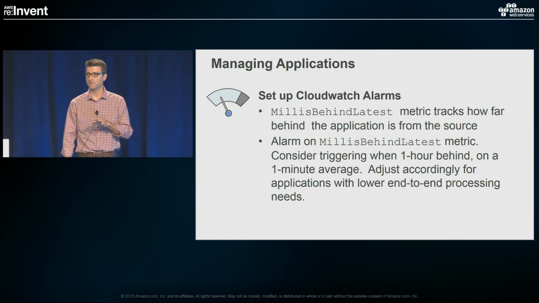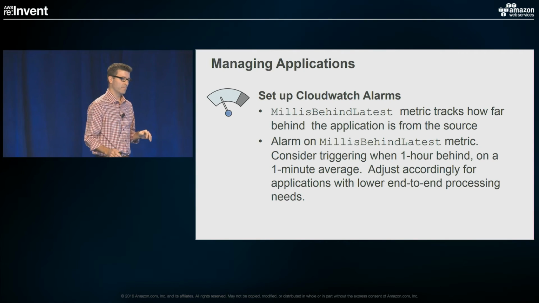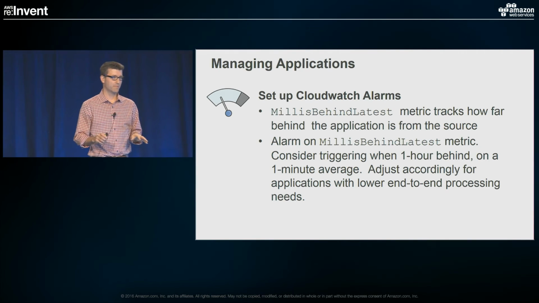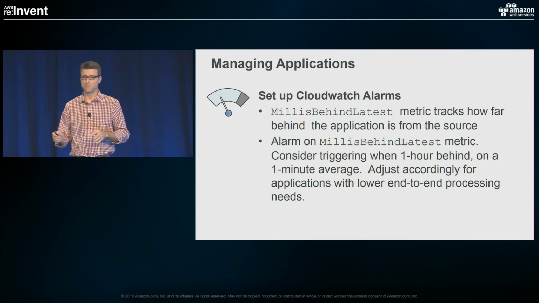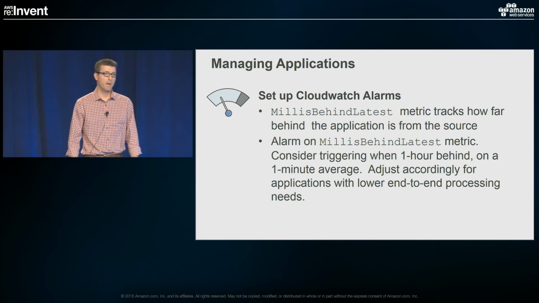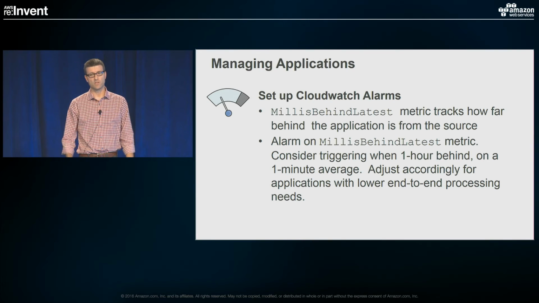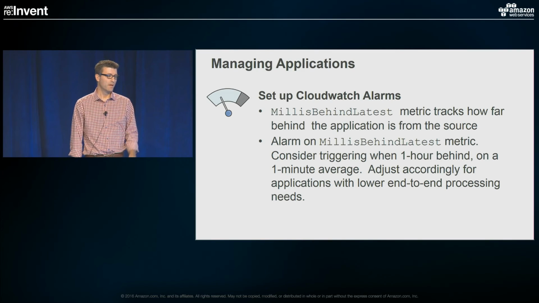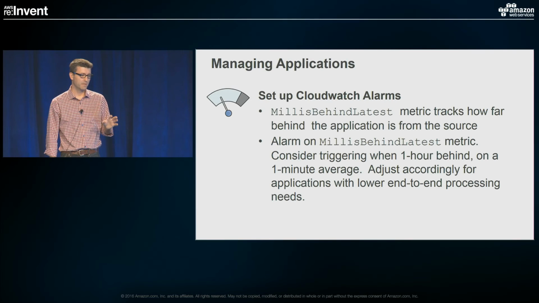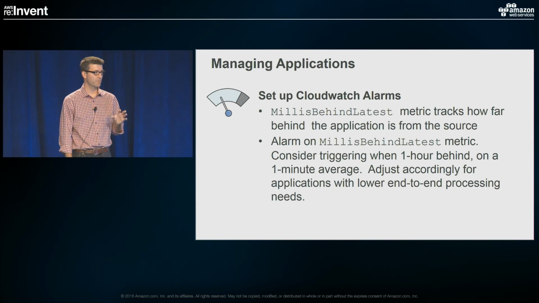It's really going to be dependent upon your tolerance for latency and your use case. But an hour, that's a rough rule of thumb. If you get over an hour, there's probably something wrong, and you should consider investigating that. In your use case, you might decide that a minute latency is too long, and so you should do something about that as well. But where you will get that data is the millis behind latest metric. So that is a very important metric to monitor.